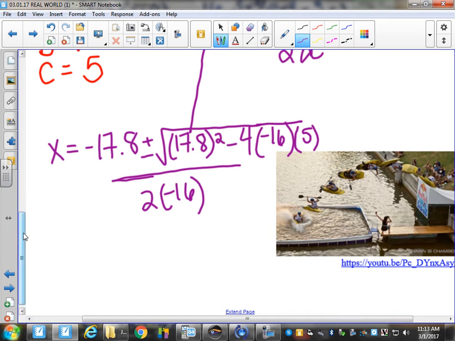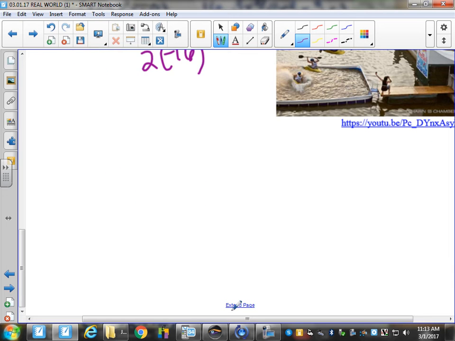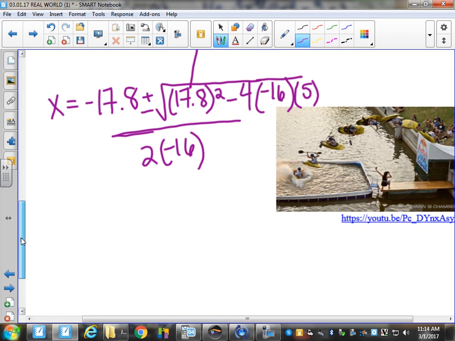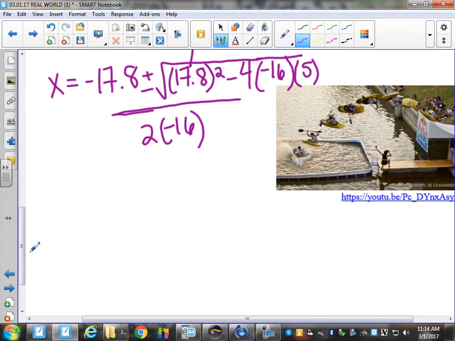All right, solve it out. Right, because you have a negative times a negative times a positive. So it's going to be a positive.